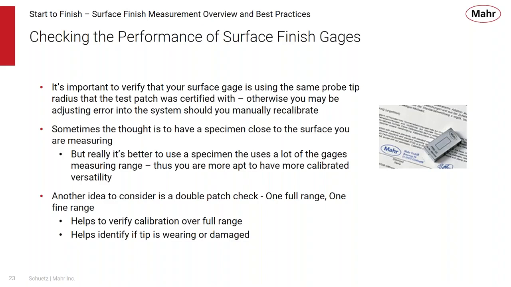Another idea is to consider a double patch check, one for full range and then one for fine range. So this helps to calibrate the system over its full range, but also can help to identify if the tip is wearing or becoming damaged over time. So again, something to consider for checking the performance of surface finish gauges.